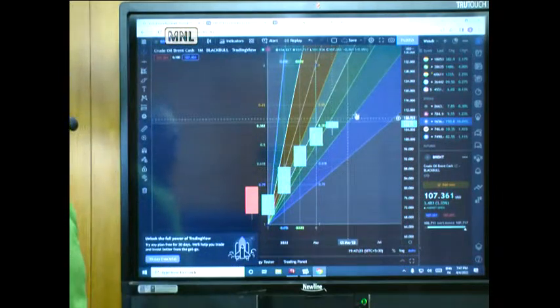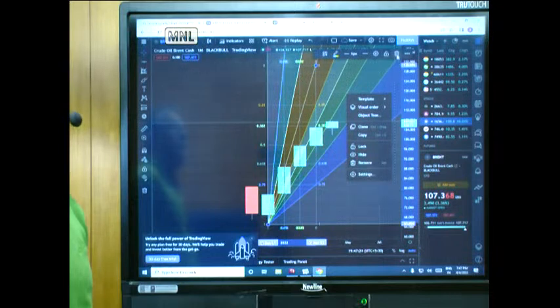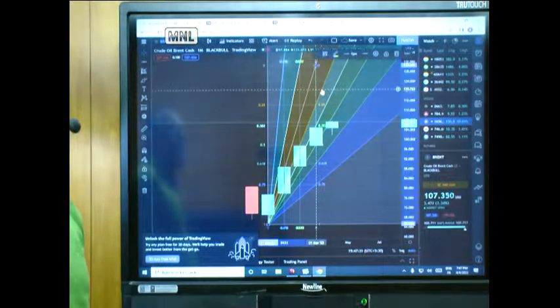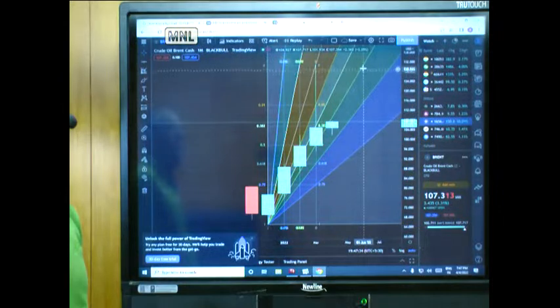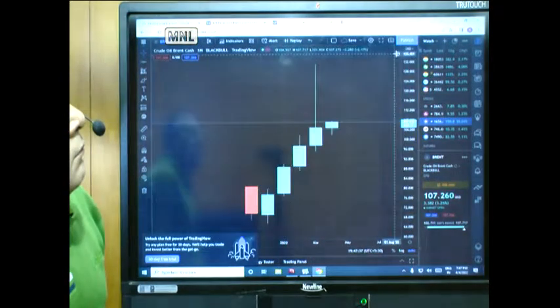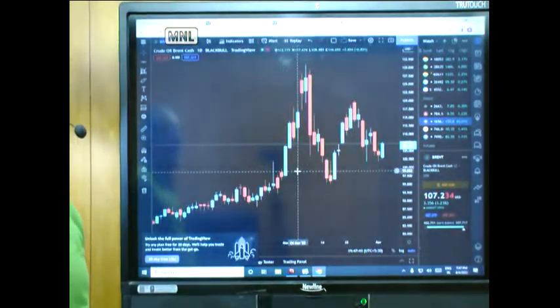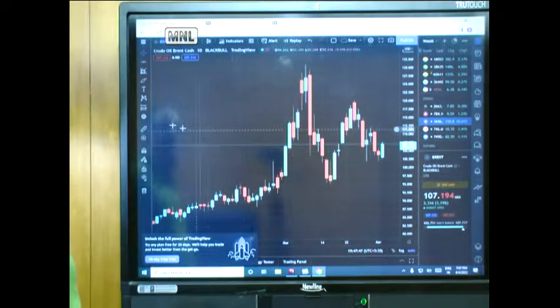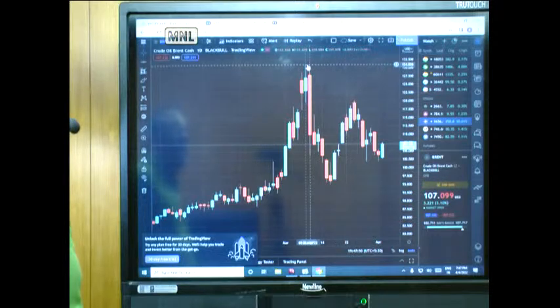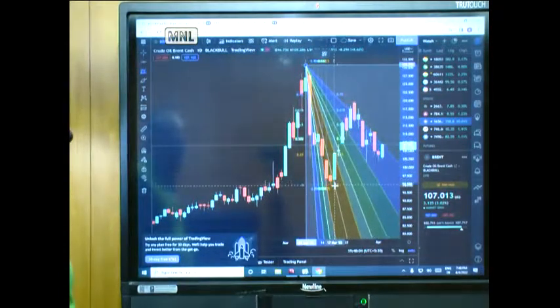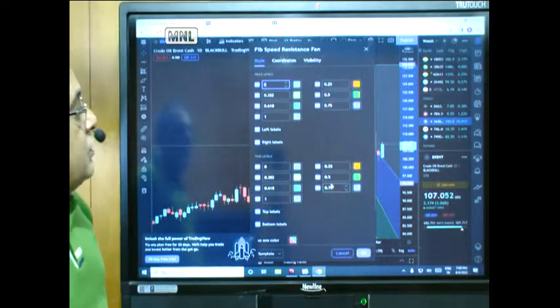On the daily chart, you look at the daily chart, it has broken this resistance.